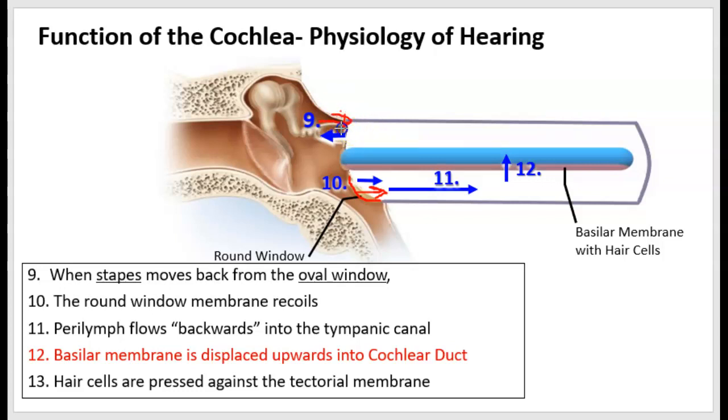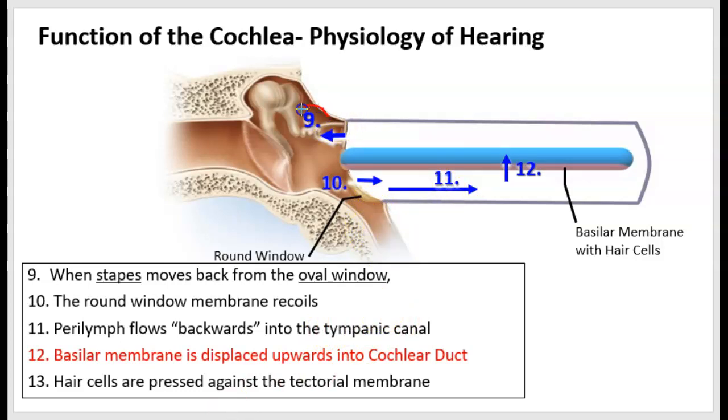Instead, it also pulls backwards. So when the stapes pulls backwards, that helps the recoil of the round window. And so the round window bulges into the tympanic canal, and the perilymph begins to flow backwards.